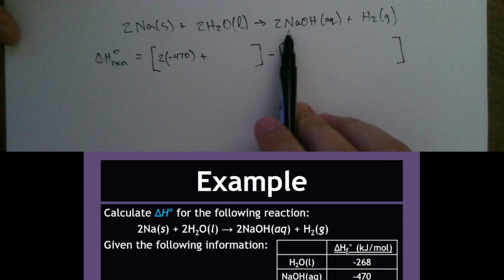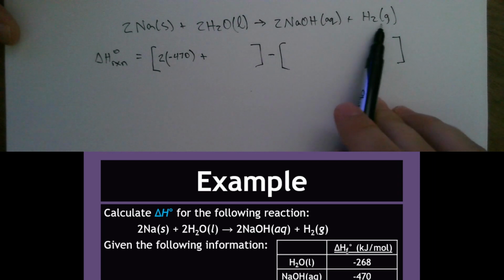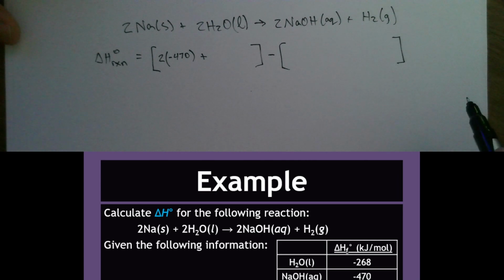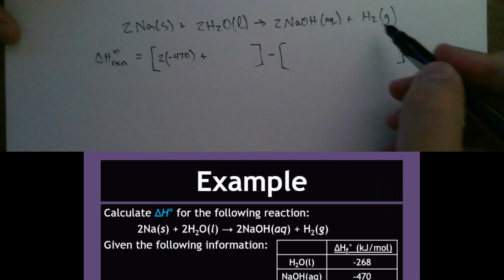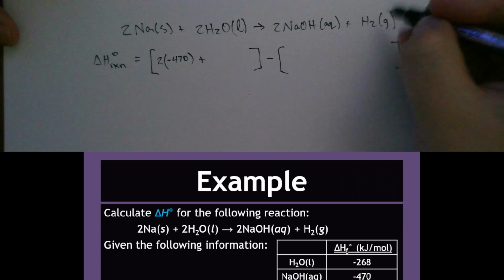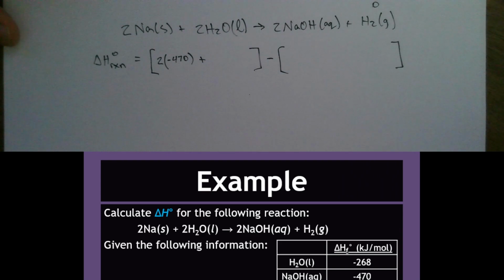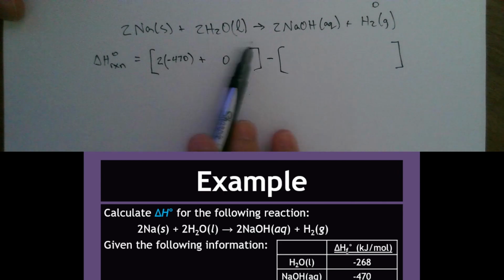That takes care of this first one, though. H2. H2 is not on your table, but it does not matter because it is a free element. It is not a compound, so it is 0. So this is going to be plus 0. Anything that's a free element, kind of like with oxidation states, oxidation states always 0, so is their enthalpy of formation.